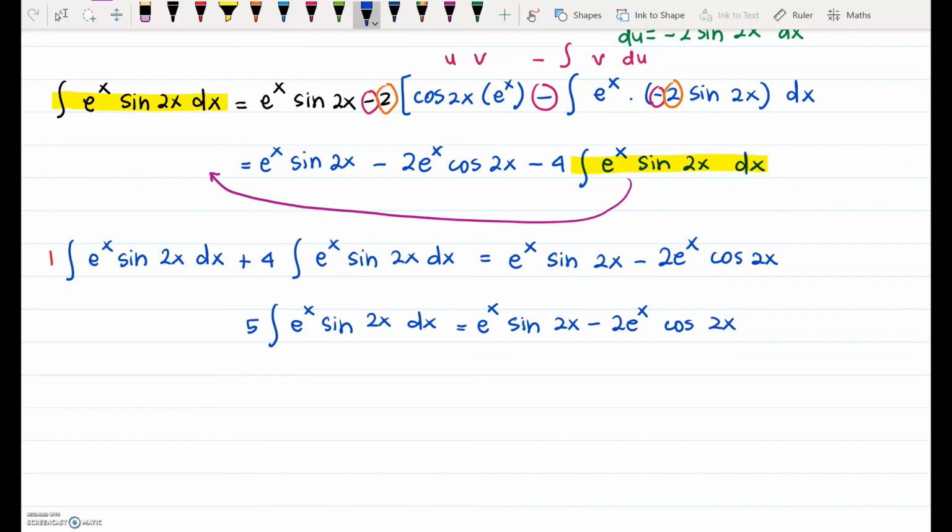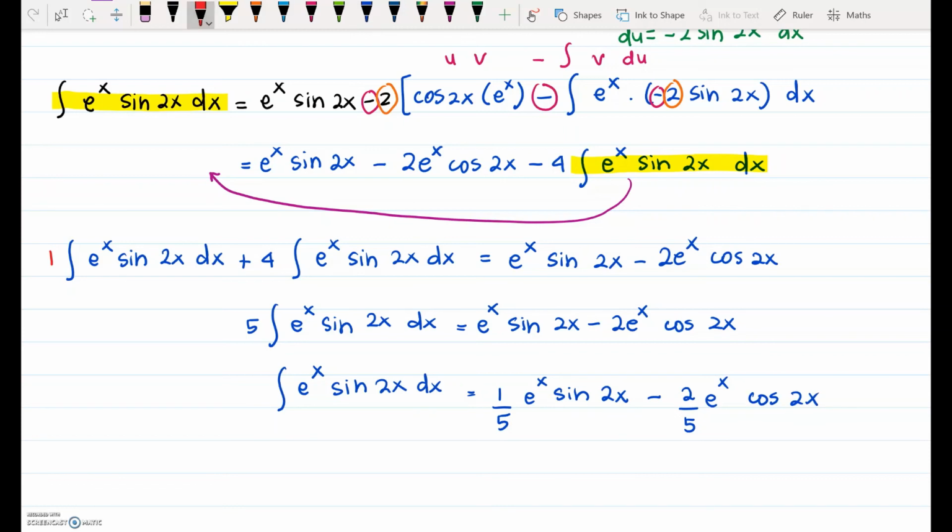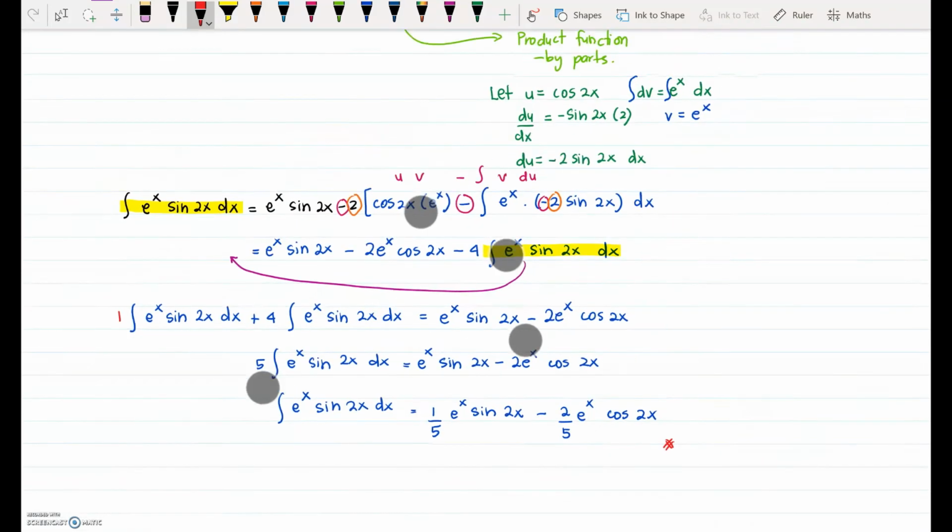Since we want the integration of e^x sine 2x dx, we solve for it, and it will be 1/5 e^x sine 2x minus 2/5 e^x cos 2x. So this is your final answer for this question.